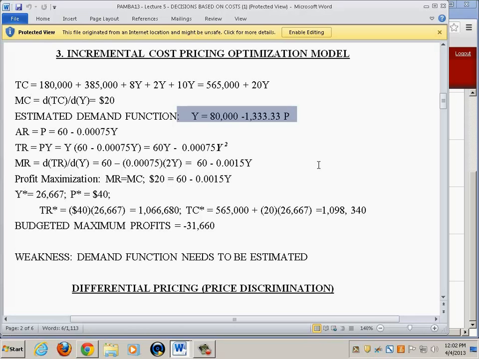So reaching a pricing decision is not easy because, first of all, it requires reliable cost data, which means it requires reliable cost allocations. But even if we have reliable cost data, that's not sufficient. You have to have reliable demand data, which is much more difficult to get than the cost data. Okay?